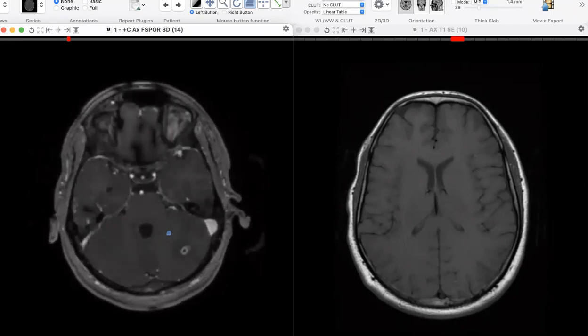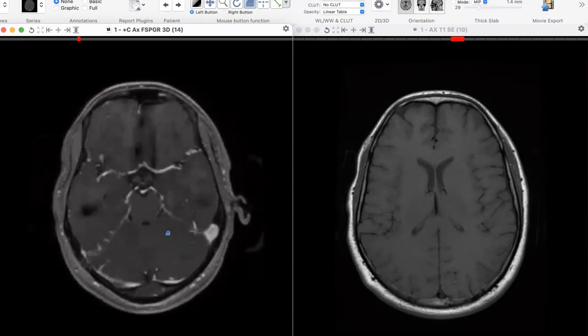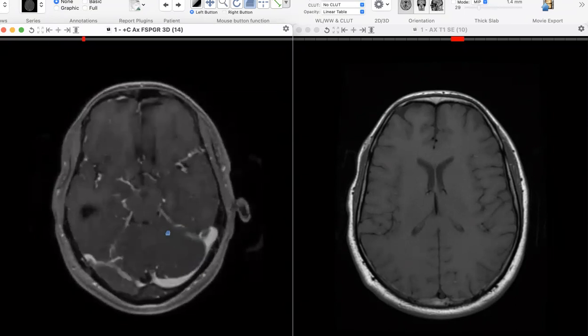So I'm having a look at T1 contrast enhanced images, and I can appreciate a few ring enhancing lesions in the left cerebral hemisphere, the right frontal lobe.